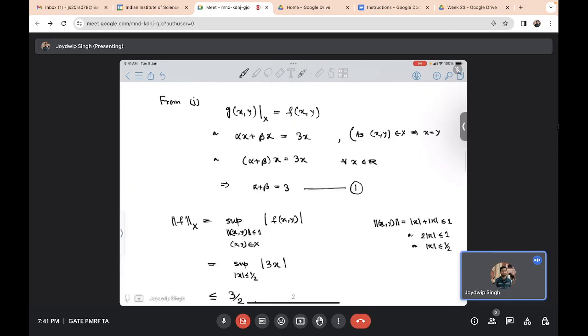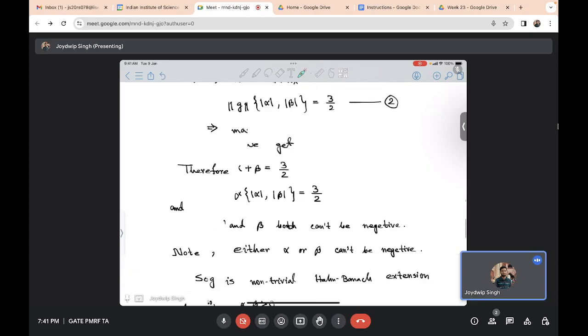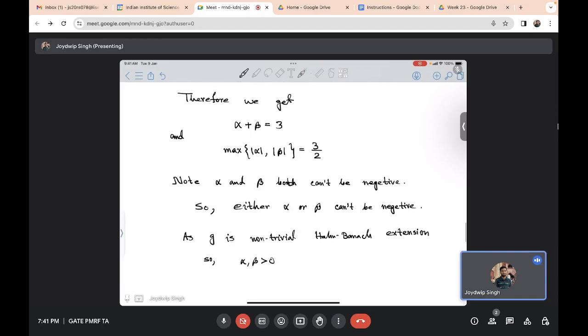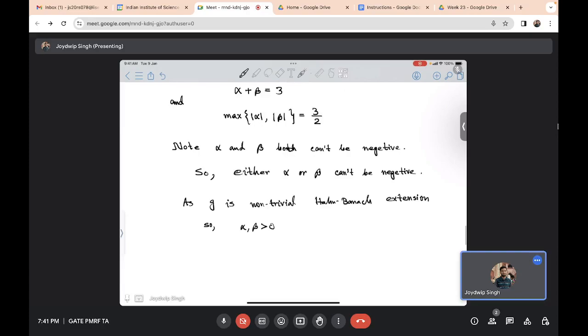Oh, I forgot. This sum is 3. That's why I am getting confused. This sum is 3. So what will be the possible values of alpha and beta? So therefore, alpha equals beta equals 3 by 2.